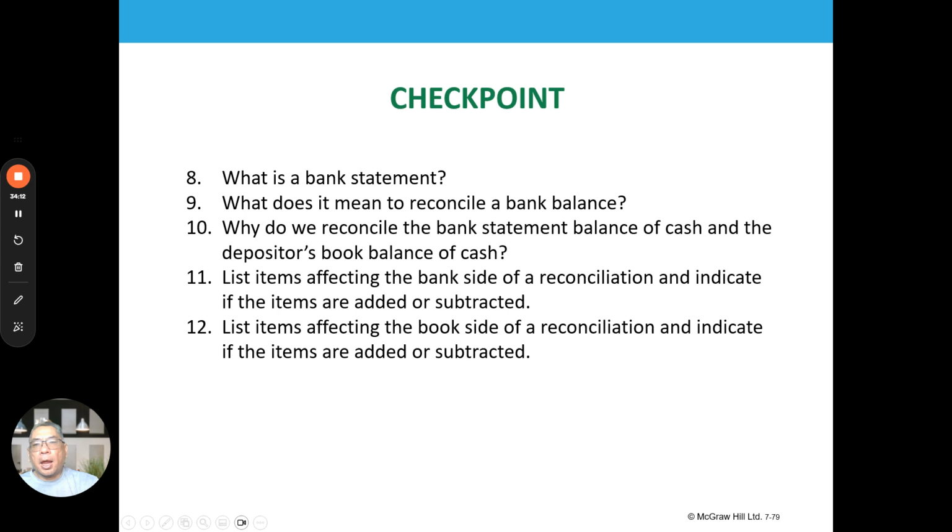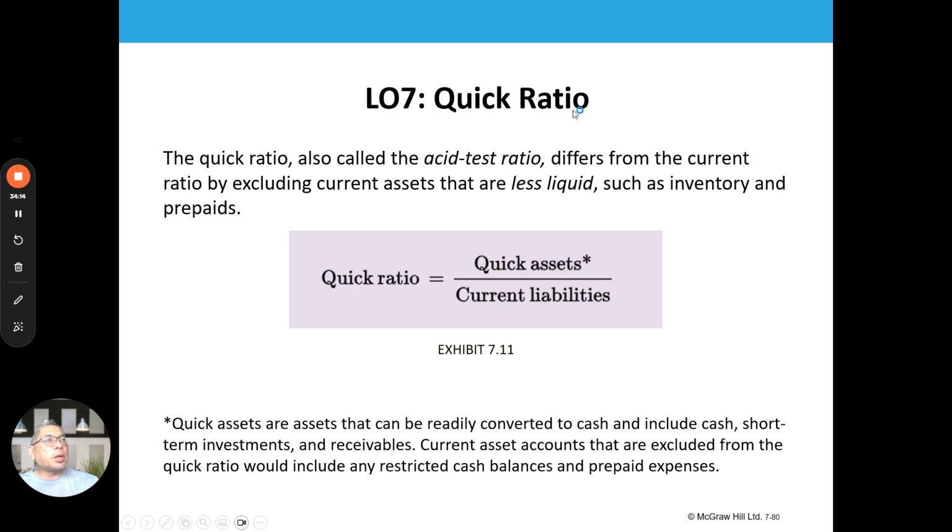And then this is your quick ratio, objective number 7. The quick ratio is an asset ratio: quick assets divided by current liabilities. It basically includes assets that can be converted into cash, including cash, short-term investments, and receivables. Why is it different from the current ratio?